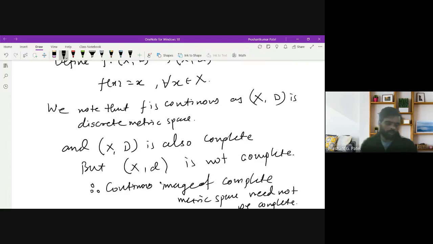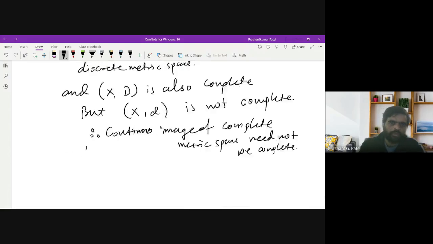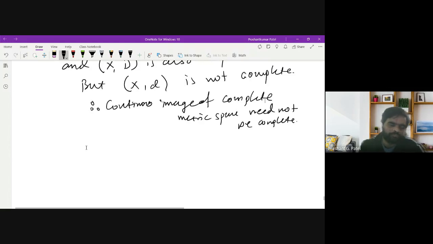So in this discussion, we have discussed two things: that the continuous image of a Cauchy sequence will not be a Cauchy sequence, and the continuous image of a complete space will not be a complete space. We have discussed that the continuous image of a compact set will be a compact set. That means if X is compact, it will remain compact under the continuous map. For open sets, it will not be true.